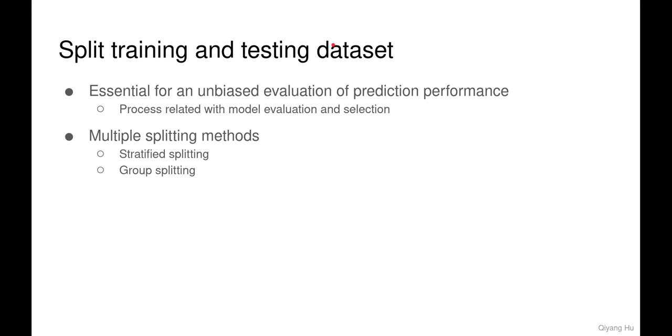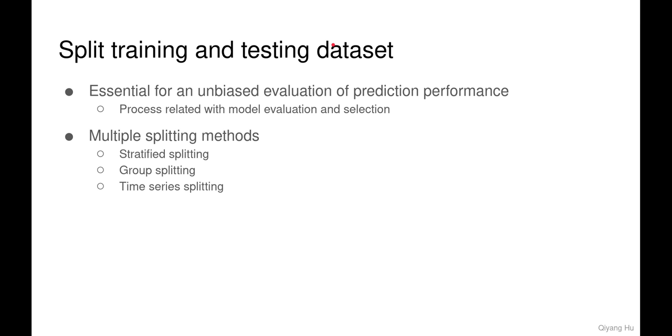In some cases, if your data is divided into groups on top of the labels, you have to use specific group splitting, because stratified splitting cannot account for groups. Scikit-Learn provides lots of group splitting methods, such as group k-fold, leave-one-group-out, leave-p-groups-out, and so on. You can check the Scikit-Learn documentation for all of them.